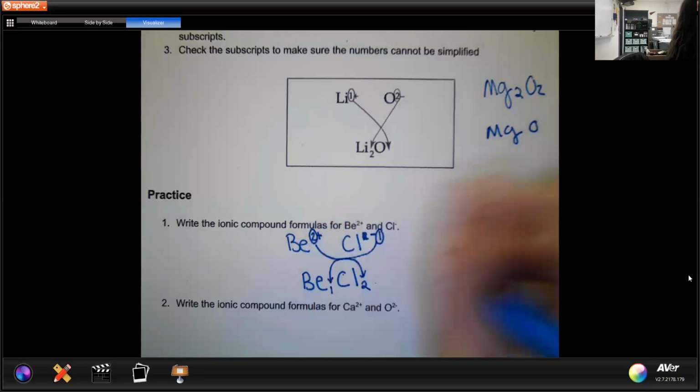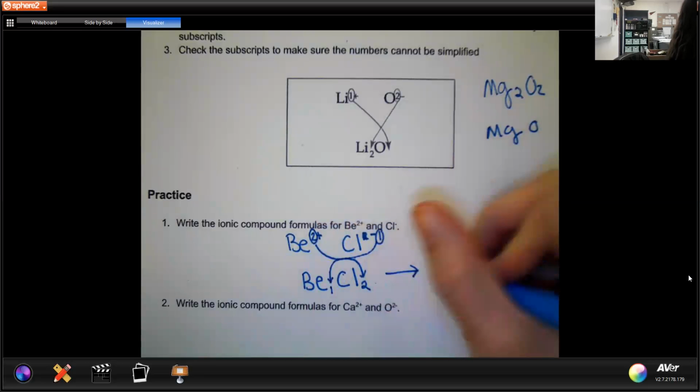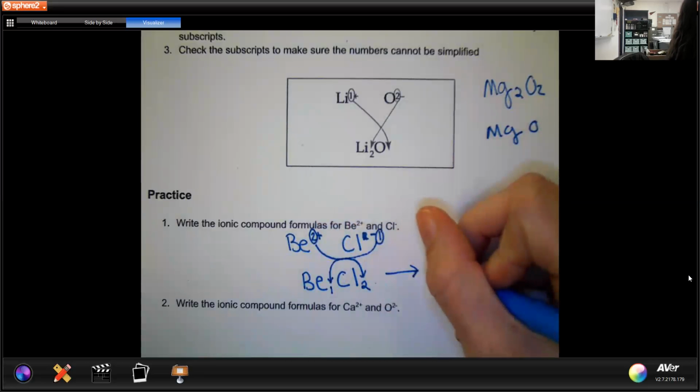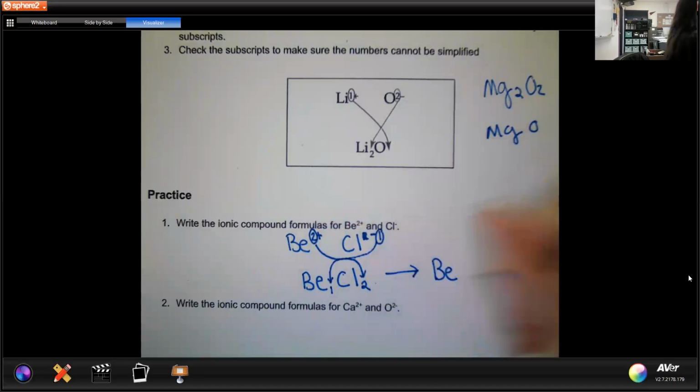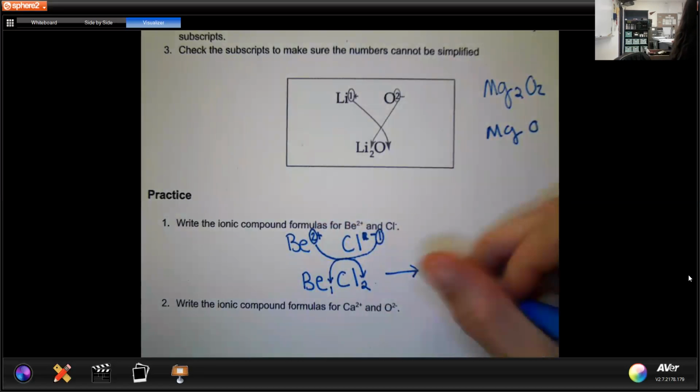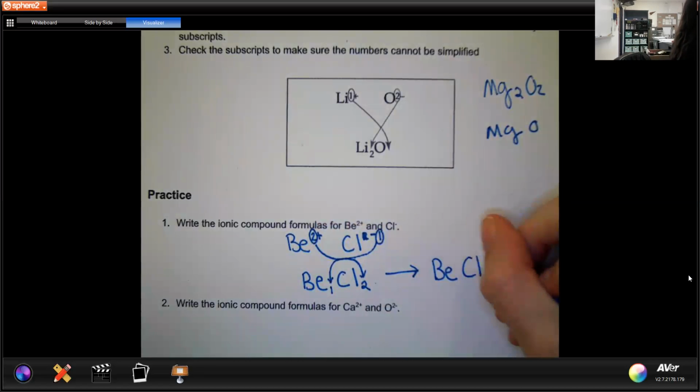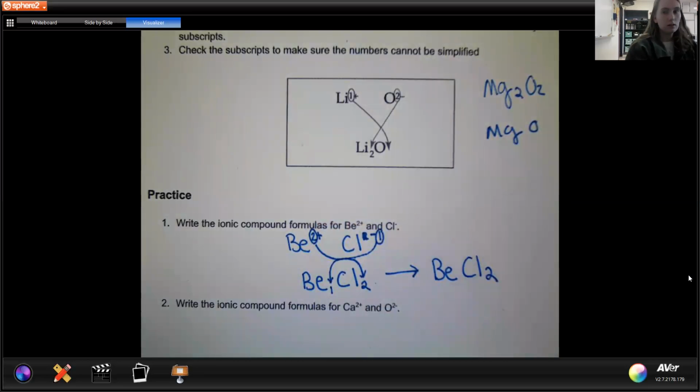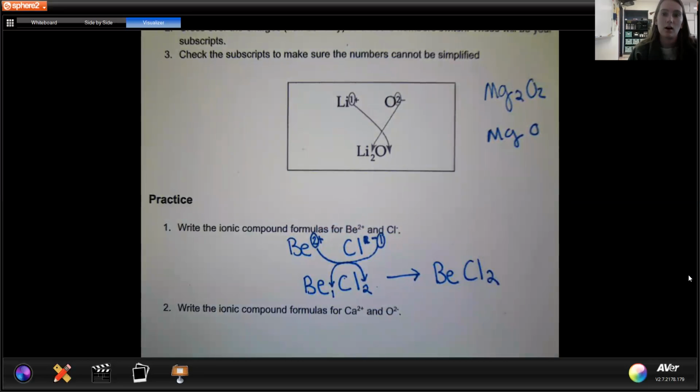So we get a 1 there. So what we are getting for our formula is Be. We're not going to write the 1 because, like I said, chemists don't like to write numbers unless they have to. So usually if we have a 1 there, we don't even include it. So BeCl2 is our answer. So that's how we would write that compound.